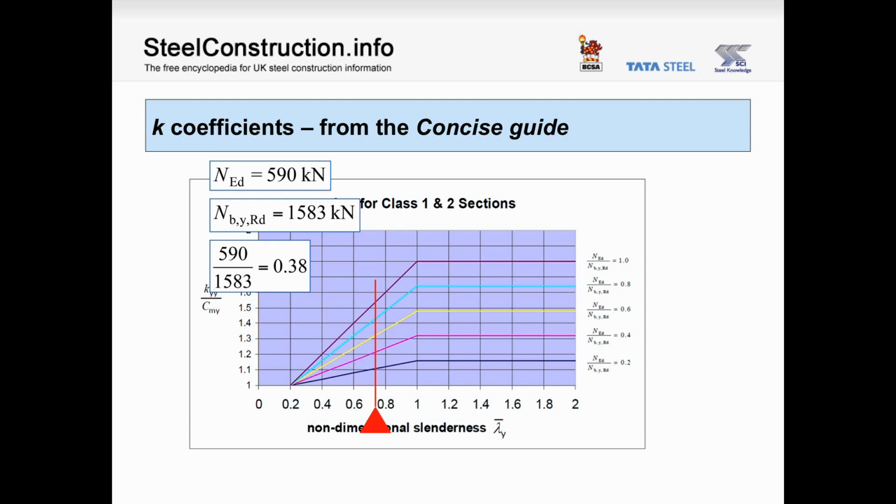Over on the right hand side we can estimate where 0.38 is, and therefore draw an appropriate line for this ratio at 0.38. At the intersection with the value of lambda bar y, we can look across to the left, and the ratio kyy divided by cmy, according to this figure, is 1.2.